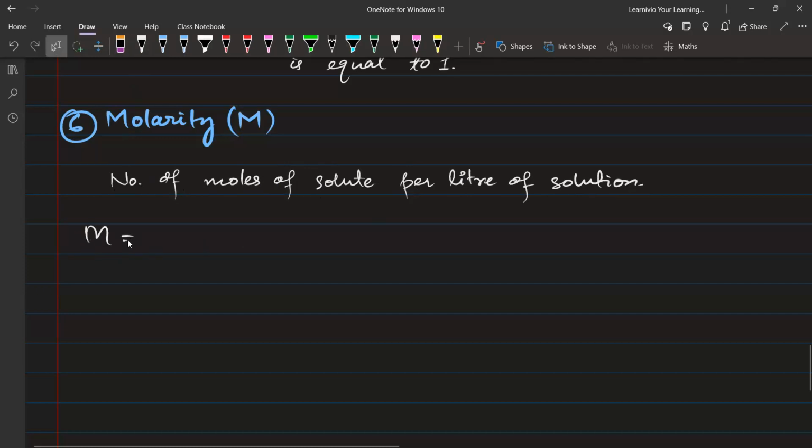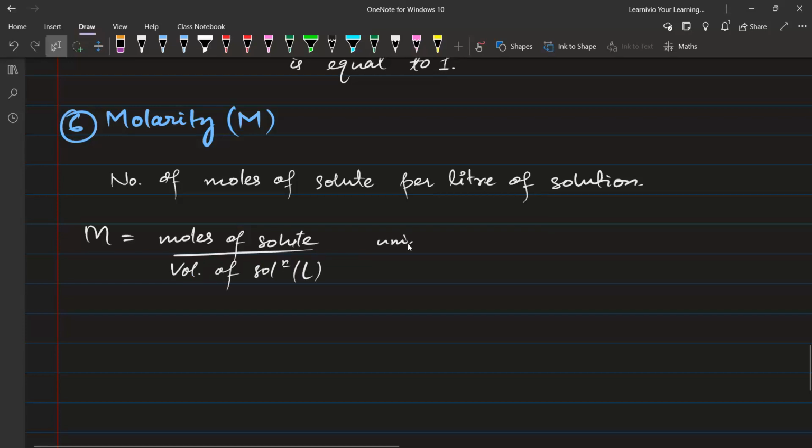So molarity, that is capital M, is equal to the number of moles of solute divided by the volume of solution in liters.